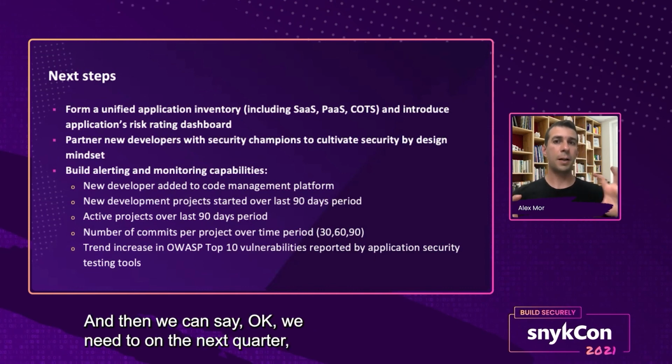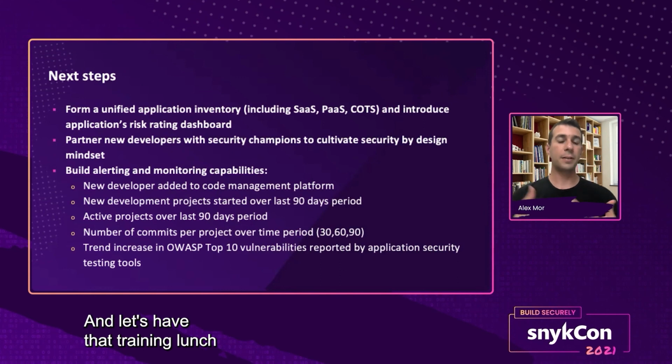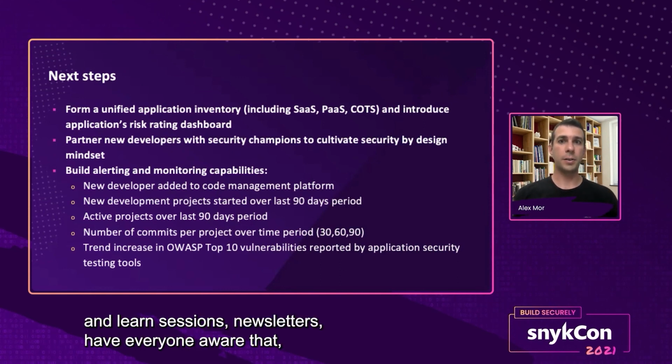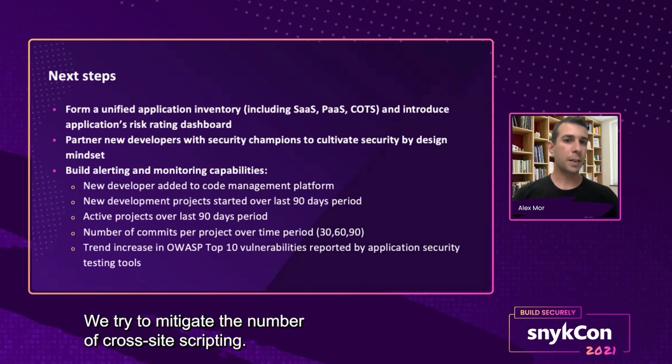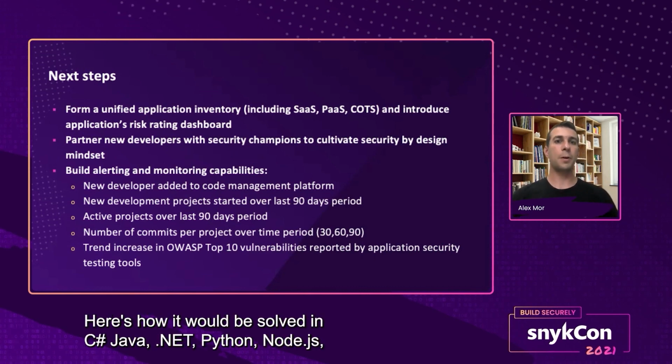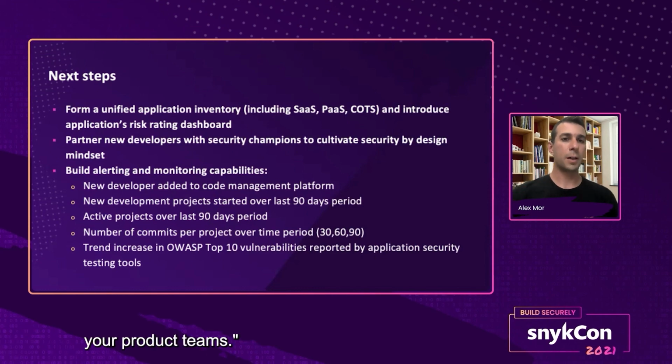Then we can say, okay, on the next quarter, next 30 days, next 60 days, let's focus on just one risk, and let's have training, lunch and learn sessions, newsletters, have everyone aware that we're trying to mitigate the number of SQL injections, the number of cross-site scripting issues. Here's how it would be solved in C#, Java, .NET, Python, Node.js, JavaScript, and we need your help on tackling that within your product teams.